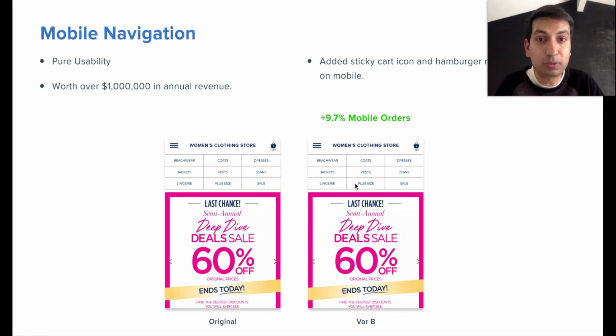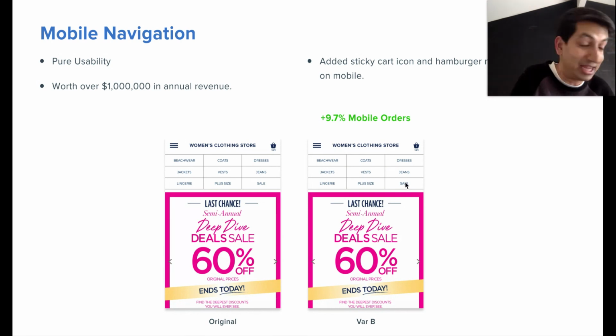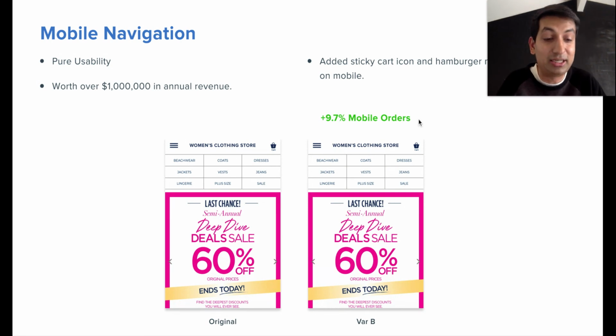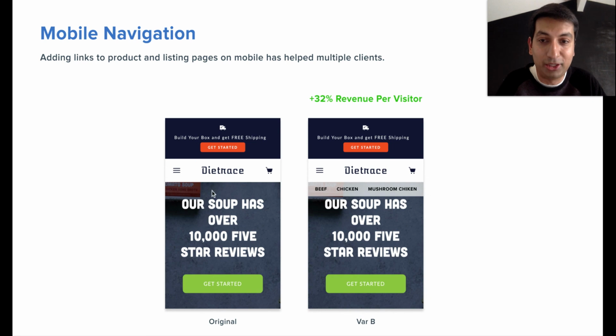We've done this on multiple sites, and this increases the percentage of people getting to those category pages. And we've actually seen an increase in actual mobile orders from the homepage. Another example here for a soup store, normally you'd have to access the flavors of the soup. So this one's accurate. Apologies for the previous error. Inside the hamburger menus you would see all the categories, but in this case, we just showed the main most popular flavors right across the top.